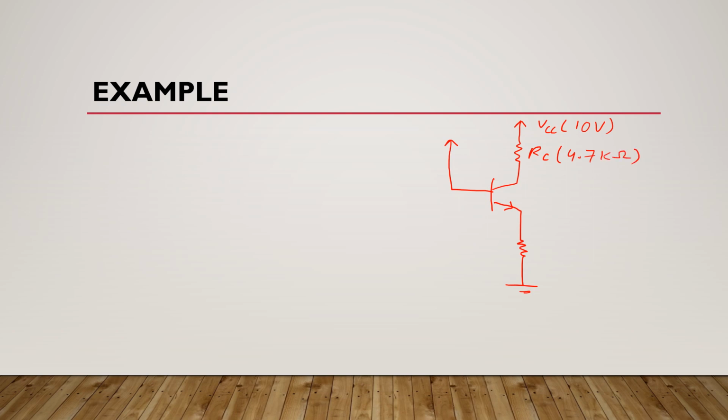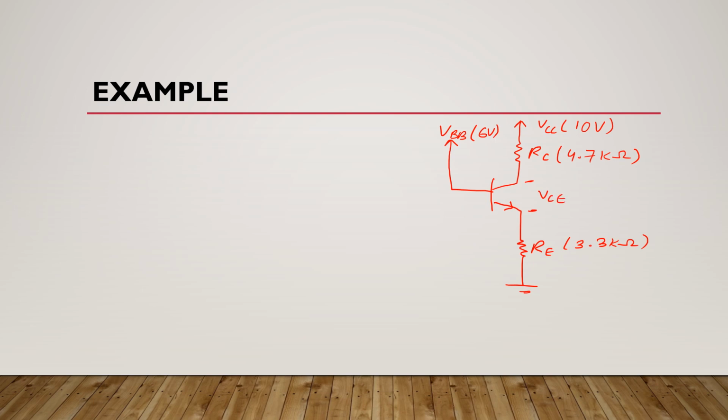Here we have VBB, and suppose it is 6 volts, and here we have RE, which is 3.3 kilo ohms. Okay, and we have the voltage drop between these two terminals, VCE.